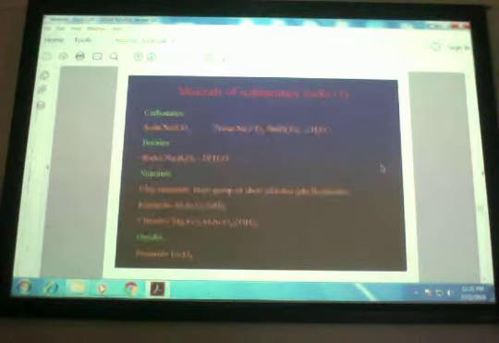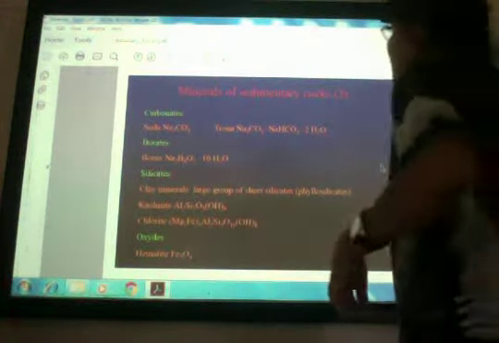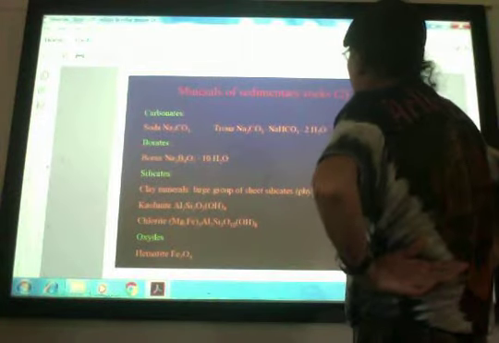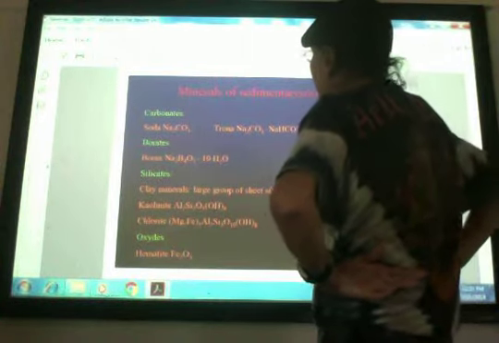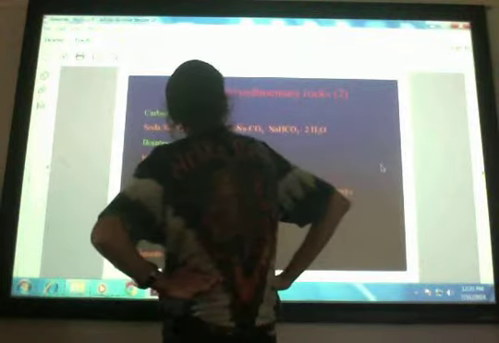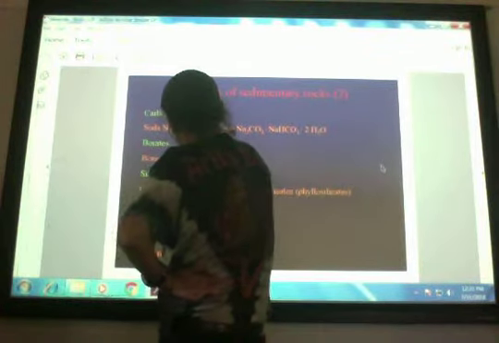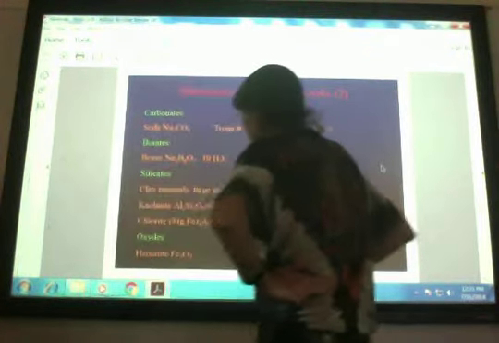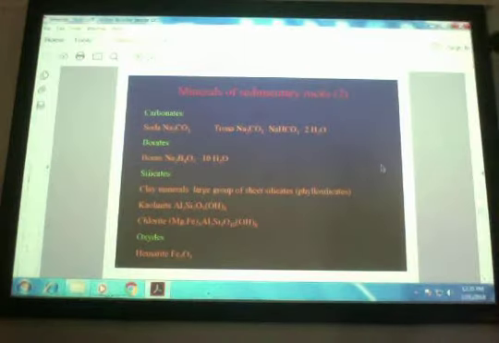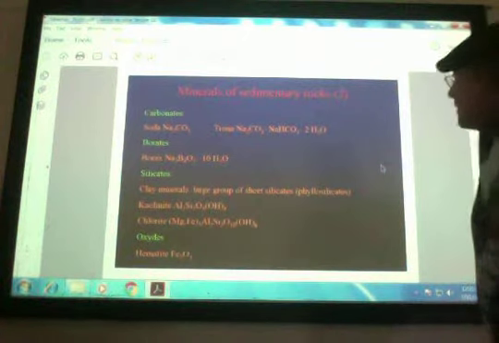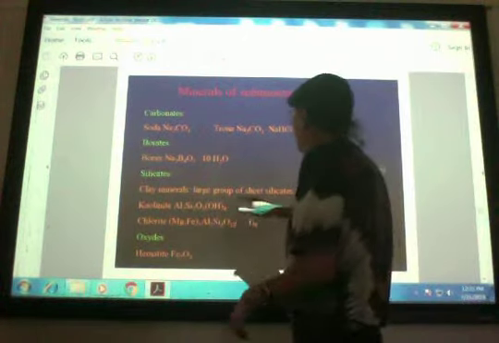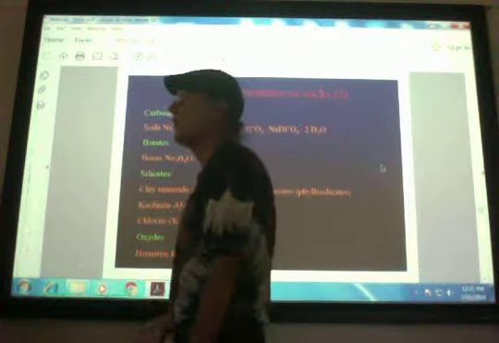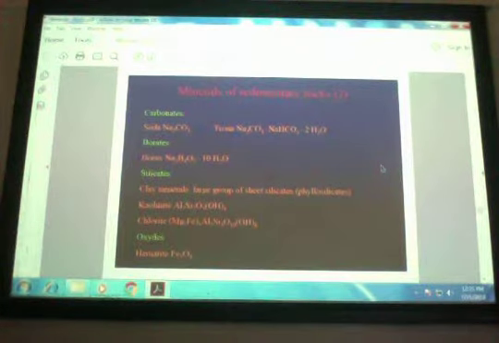So now we are going to the next slide. Then we have the carbonates, like soda and trona. We have the borates, like borax, and we have silicates. When we are talking about sedimentary rocks, these are the clay minerals, and the clay minerals are typically sheet minerals.